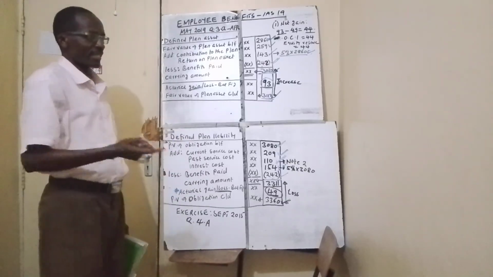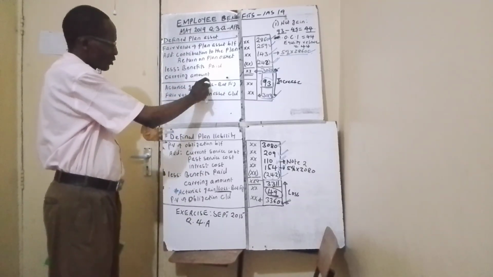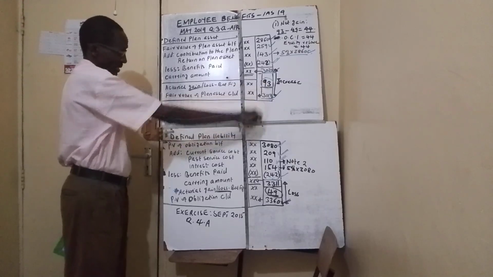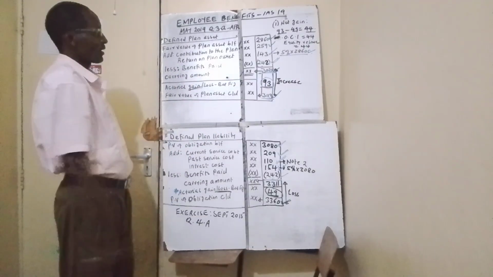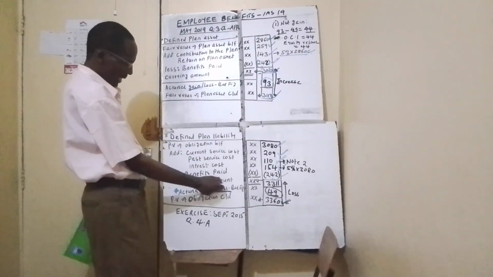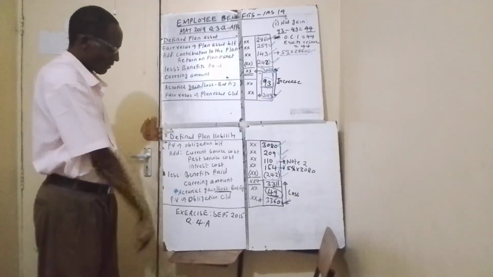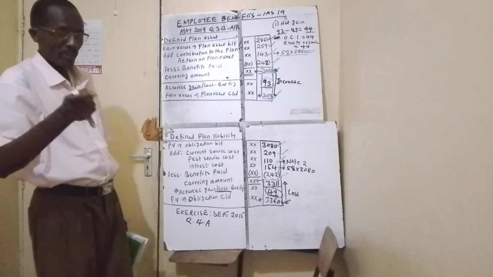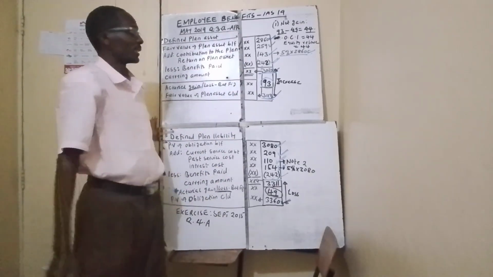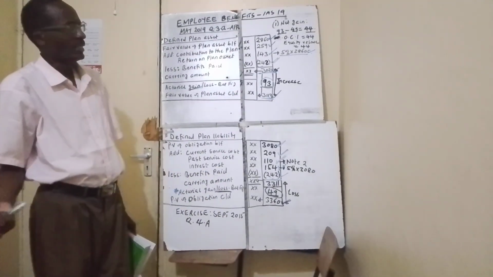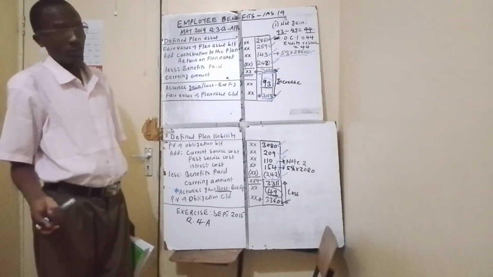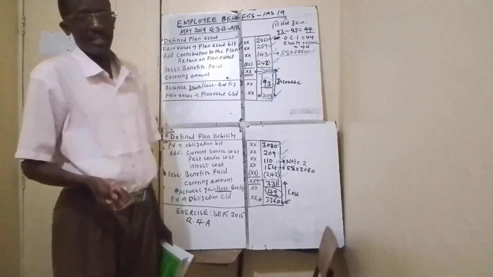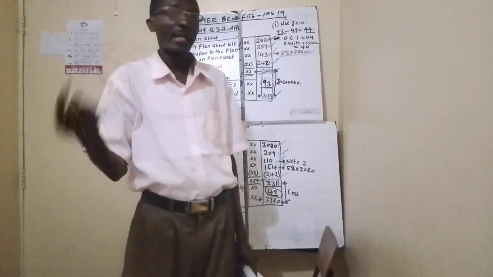So for the net gain, you just look at the two balancing figures there, the actual gain or loss: the balancing figure from the defined plan asset and the balancing figure from the defined plan liability. You combine them together like what we have done there. The difference is the net gain, and it can even be a net loss. It need not always be a gain, it can be negative.